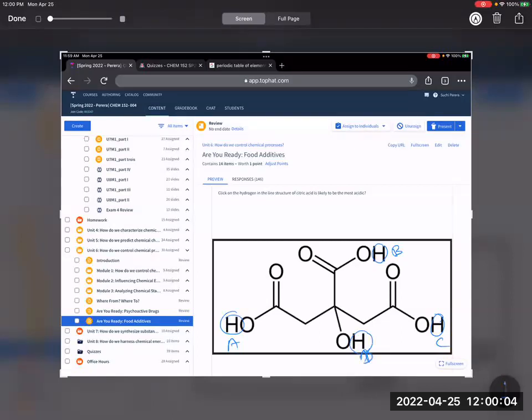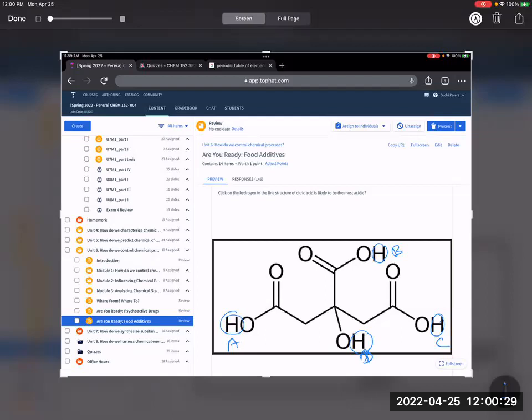Okay, let me call this D. D is out. Then between A, B, and C, A and C have the same situation. So you have the second feature and also electron withdrawing groups approximately at the same distance from the anion bearing side.